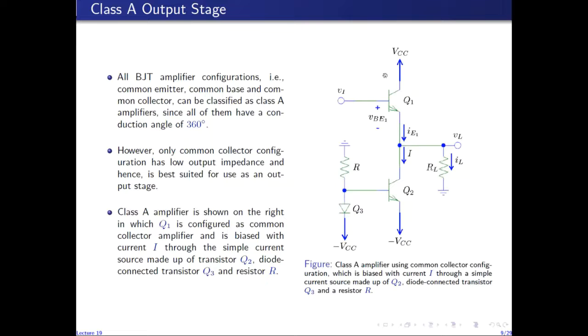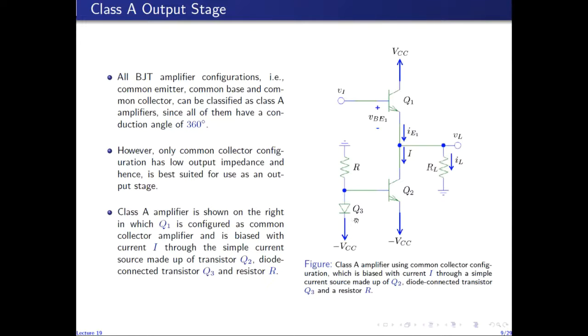And this transistor Q1 is biased with the current capital I through this circuit made up of Q2, Q3, and R. And this circuit is called a simple current source. So the circuit made up of Q2, Q3, and R is used to bias this transistor Q1 with the current capital I. And this sub-circuit is called a simple current source, in which Q3 is actually a diode connected transistor.